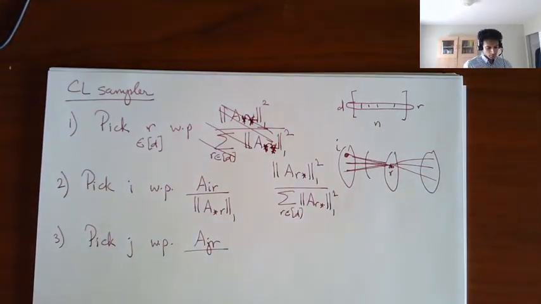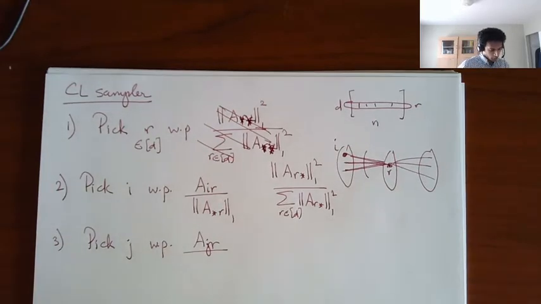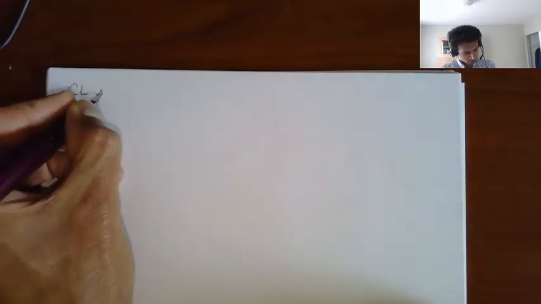To be clear, we're assuming that A has entries in R plus. Exactly, so the one norm is just the sum. Okay, sorry, I mixed up my indices, so let me rewrite this.